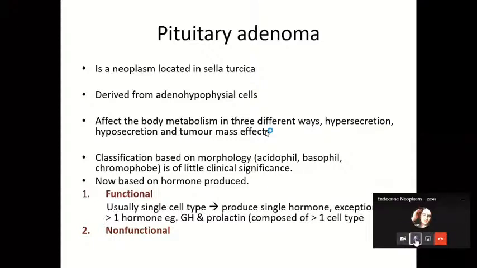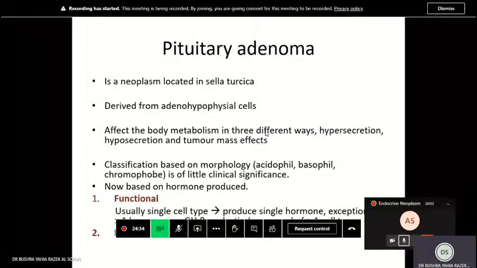Okay. So we said the classification is either according to morphology or by whether it is functioning or non-functioning. So functioning adenoma is usually small, and they produce a single hormone or sometimes mixed hormones, like growth hormone and prolactin.